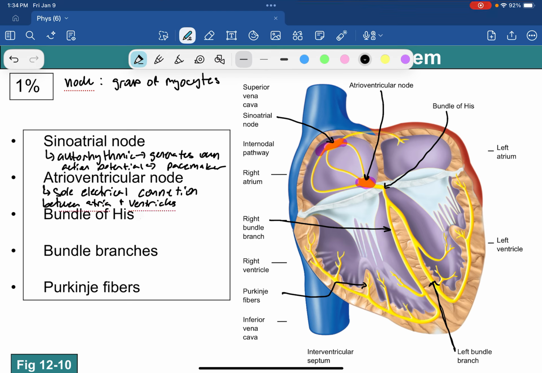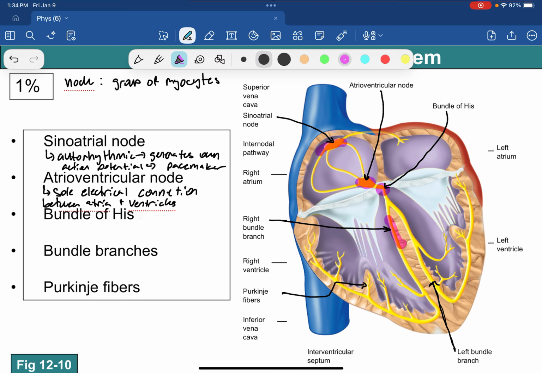Then we move down to the bundle of His, which is right here. It's just a little bundle that helps keep the charge moving, and it allows the charge to flow down into the ventricles. Then as we move down into the ventricles, we have our bundle branches. That's at least our right bundle branch, I should say.